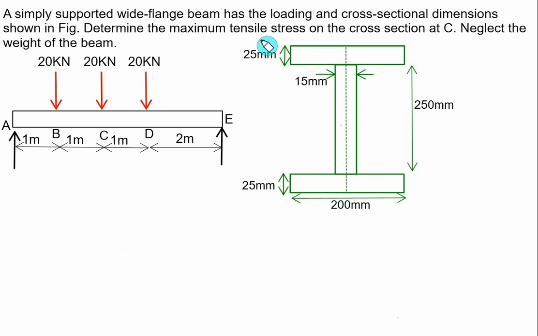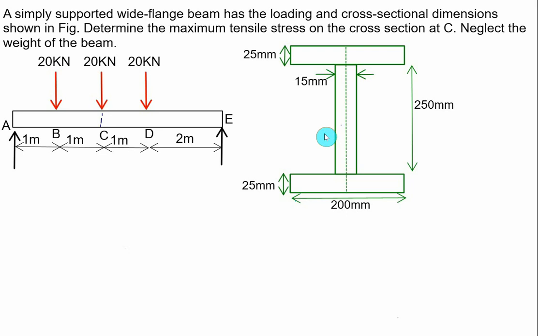The maximum tensile stress on the cross section exactly at C, we want to find out the bending stress. For this, we should know the distance of the top fiber and the bottom fiber from the centroidal axis. By symmetry, the vertical axis represents the axis of symmetry, and exactly halfway of 250 plus 25 plus 25, that is 300, divided by 2.